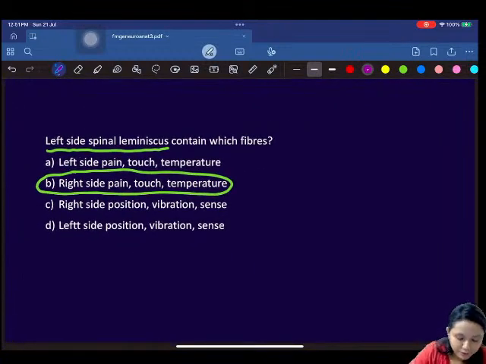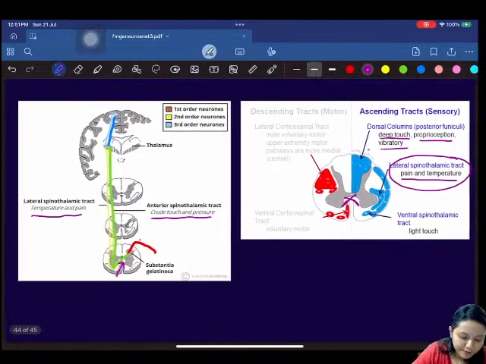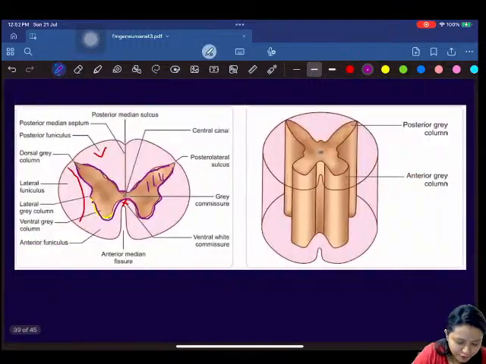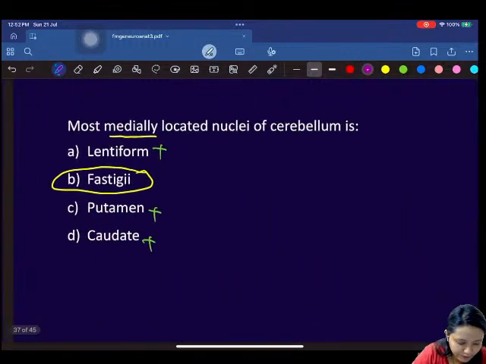Okay, so I want to do a quick recap before I end this session today. Let us do a quick recap of what we have studied.